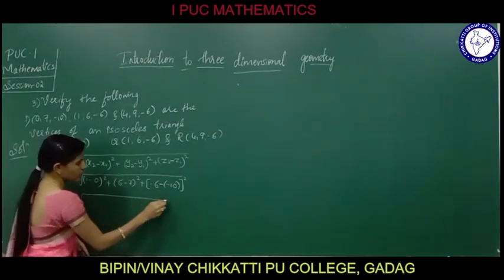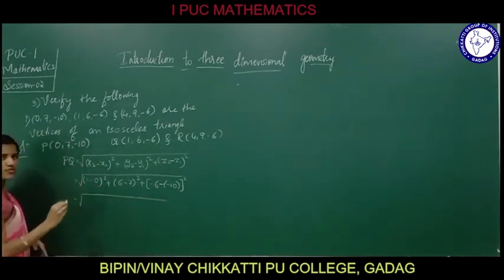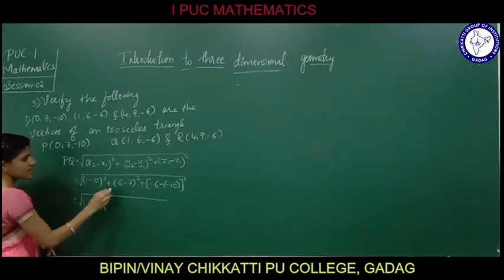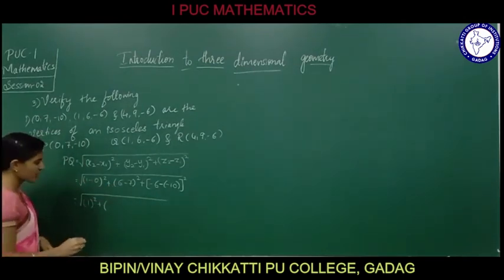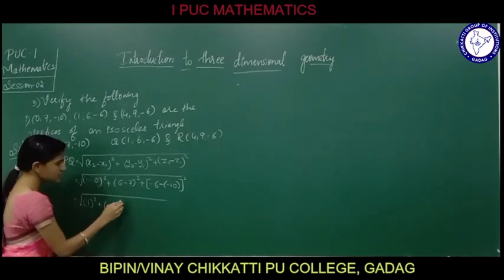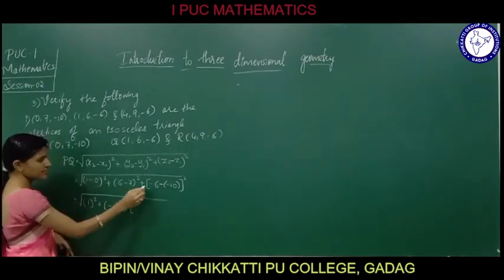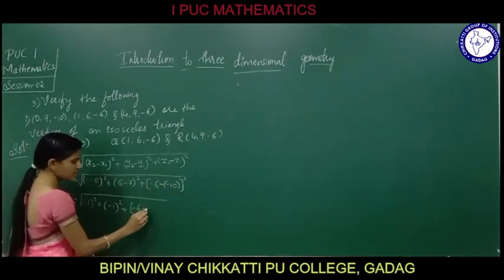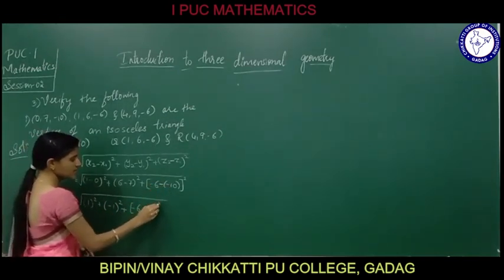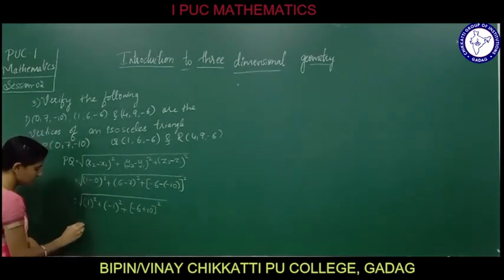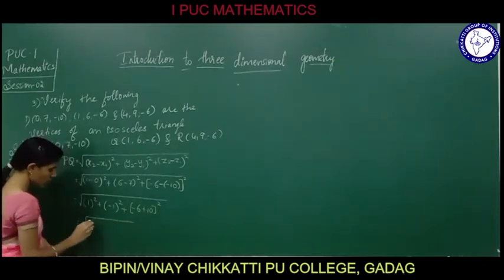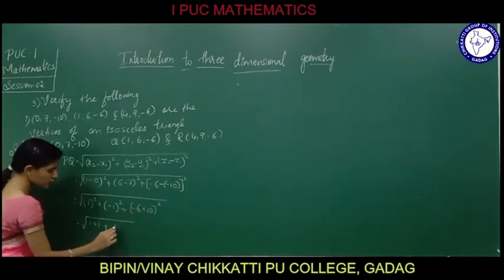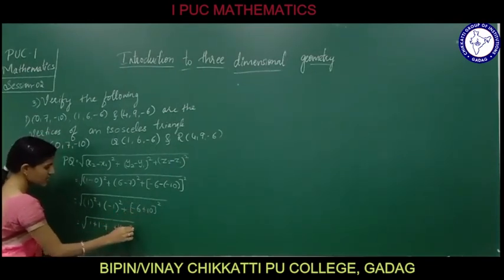Let us go on simplifying. Next, what am I going to get? 1 minus 0 is 1 itself. That is why I will get 1 square plus (6 minus 7), it is minus 1 square, plus, let me simplify this, minus 6, minus into minus is plus, (minus 6 plus 10) square, which is nothing but square root of 1 plus 1 plus (minus 6 plus 10) is going to be 4, whose square is 4 square.